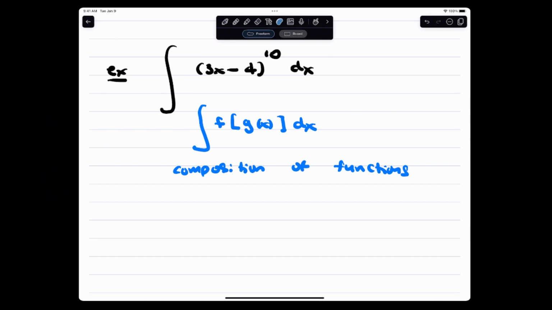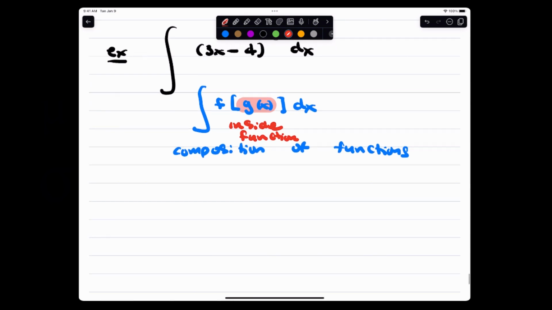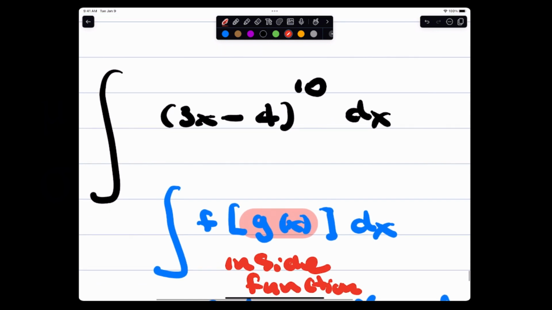Now, I want you guys to go back and remember what we did before. Always identify the inside function. You see this g in the composition of functions? That is your inside function. What is the inside function here?